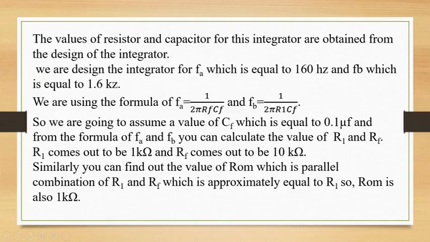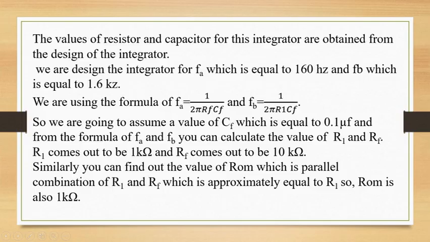The values of resistors and capacitors for this integrator are obtained from the design of integrator. We have designed the integrator for FA, which is equal to 160 Hz and FB, which is equal to 1.6 kHz. So we are using the formula of FA, which is 1 upon 2 pi RFCF and FB is 1 upon 2 pi R1CF.